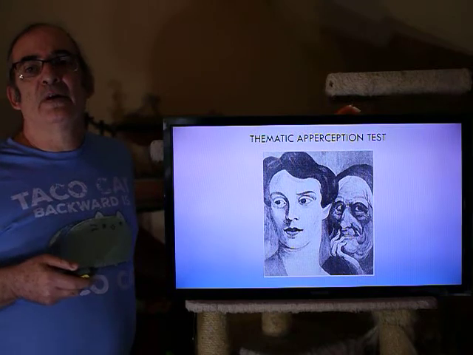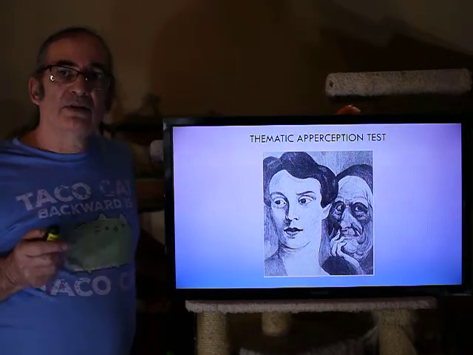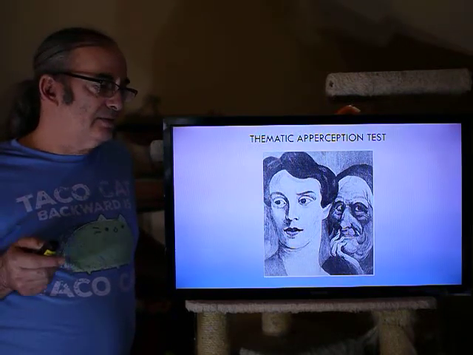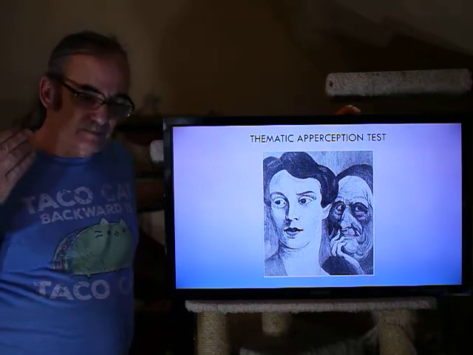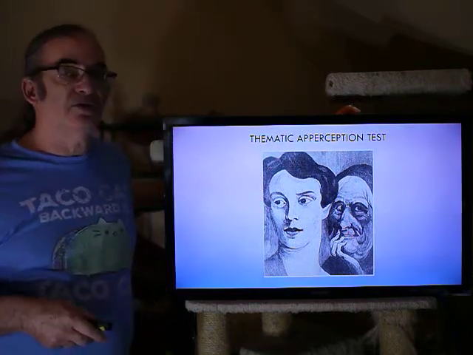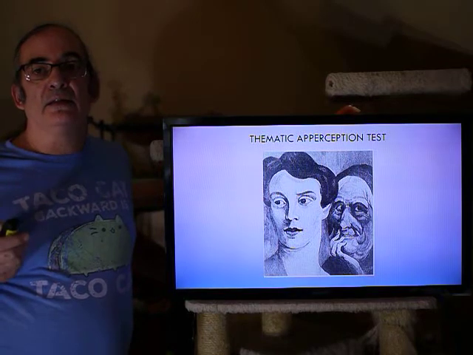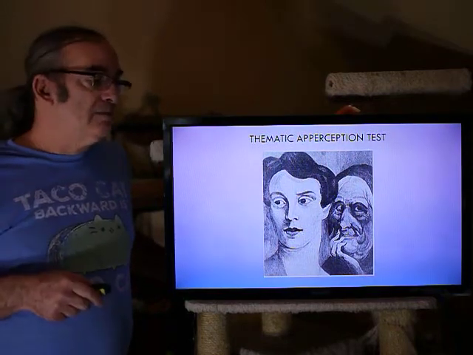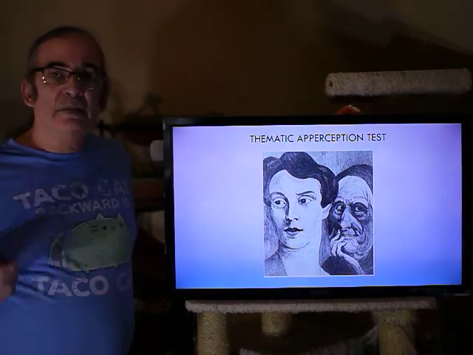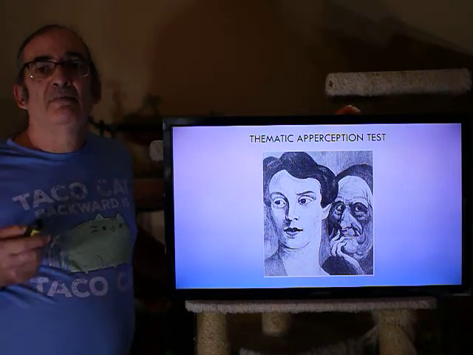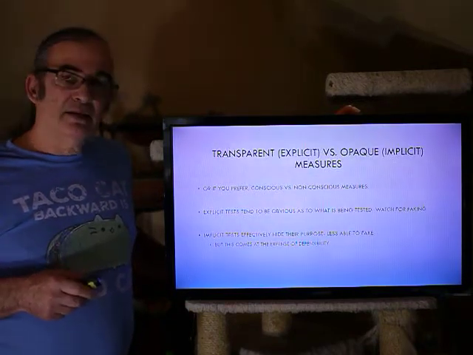The problem is the scoring is insanely unreliable and insanely subjective. Now there are huge manuals and books and training to make inter-rater reliability more accurate, but ultimately, what have we learned about the person? Probably not a whole lot.